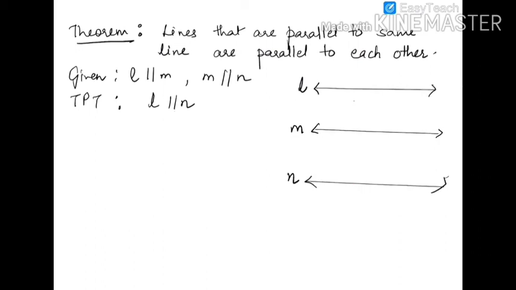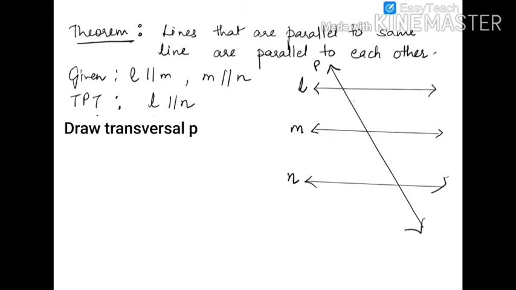So we will have to draw a transversal cutting these three lines. Mark the corresponding angles in this figure as 1, 2 and 3.